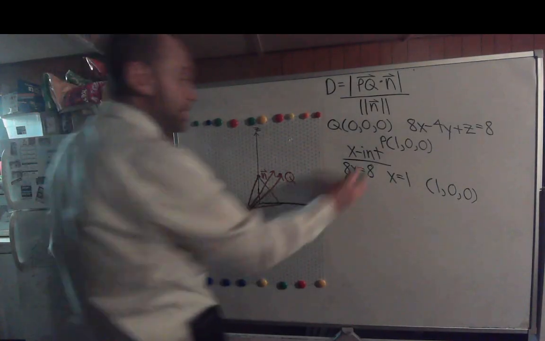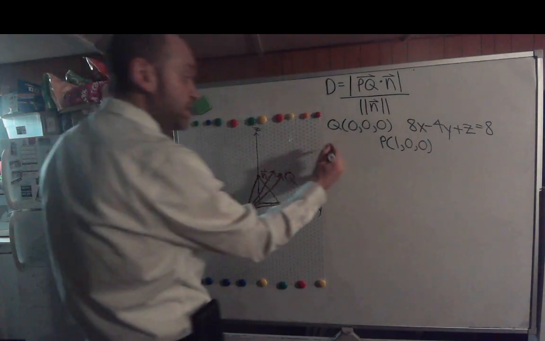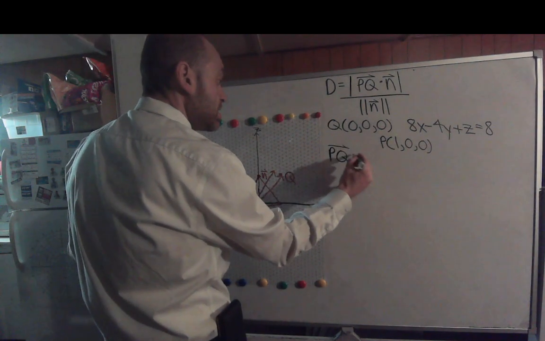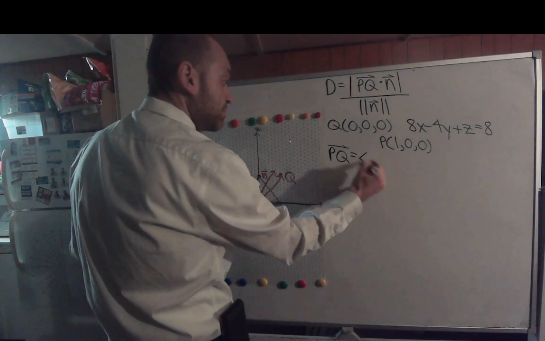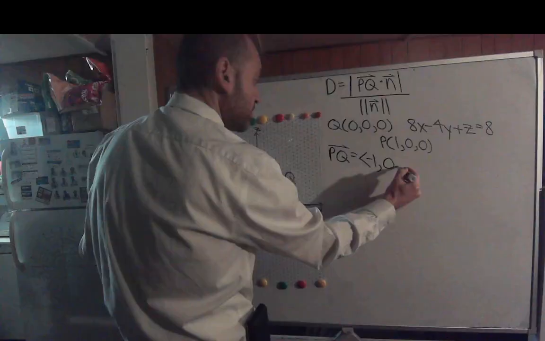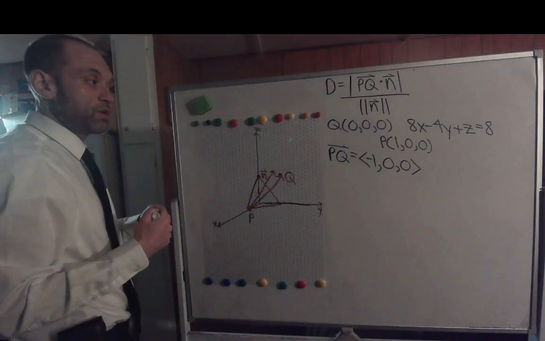So now we have a point P, which is on the plane. We can go ahead and find vector PQ. So 0 minus 1 is negative 1, and then the rest are zeros. So the vector PQ is negative 1, 0, 0.